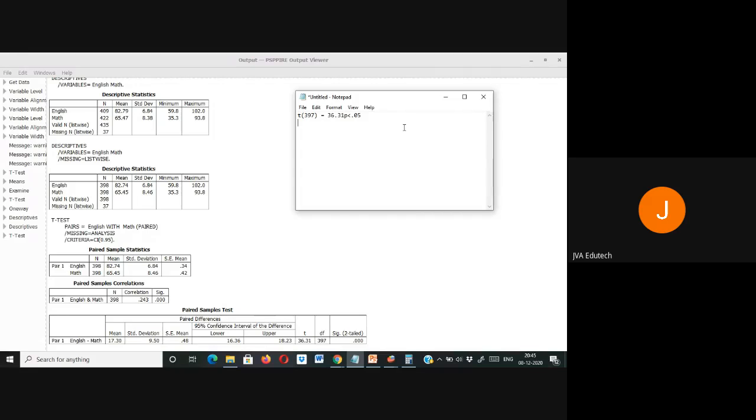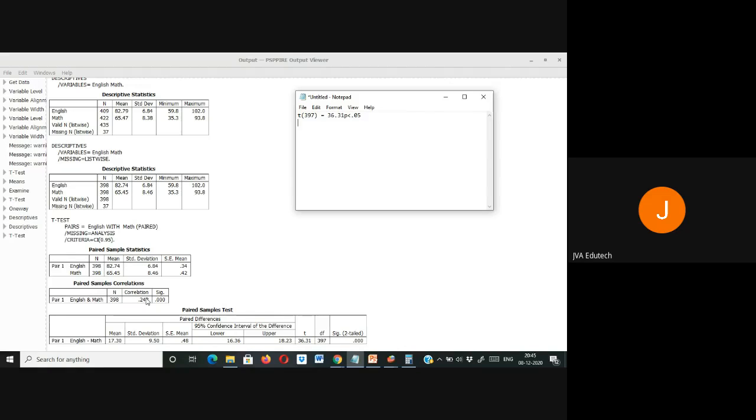Also, it will tell you that English and math scores were having a very weak correlation, which was found to be significant. Their English and math scores were found to be positively correlated, but the correlation was weak. Means it does not say that if a student is good in English, he will be good in maths too.